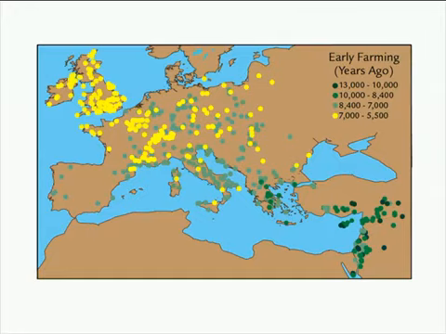So by 5,500 years ago, agriculture is present in every part of Europe where it's used today. Obviously not as densely as it's used today, but it's there and it's beginning to fill in. And what's remarkable about this to me is that 5,500 years ago, we're still in the late Neolithic, the late Stone Age.